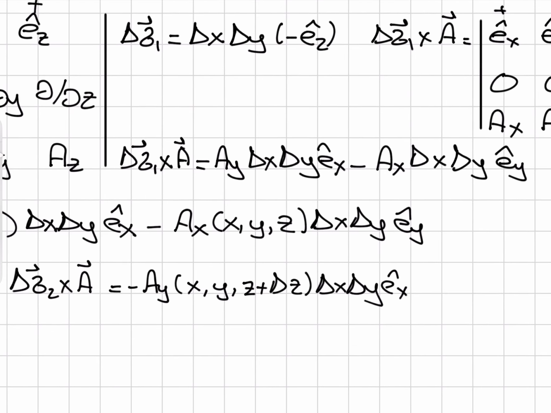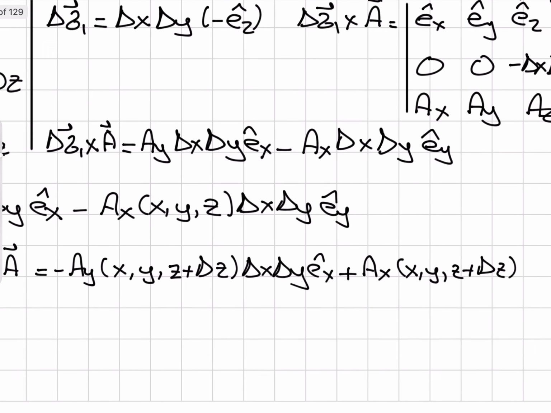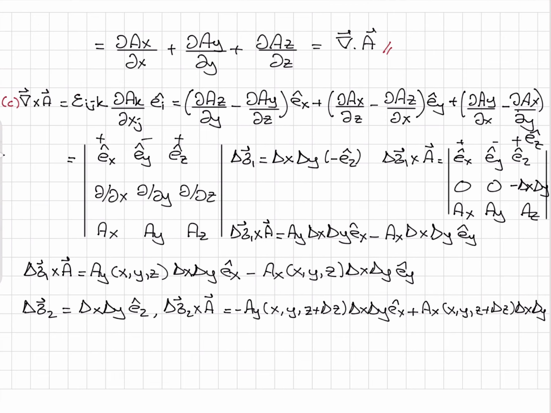And then here I have, because instead of this minus sign, plus AX evaluated at XY Z plus delta Z, delta X, delta Y in EY hat direction.